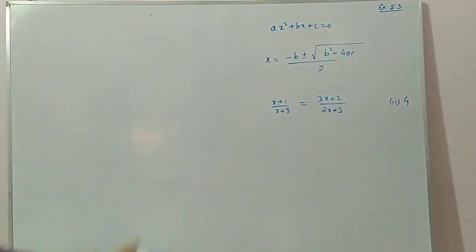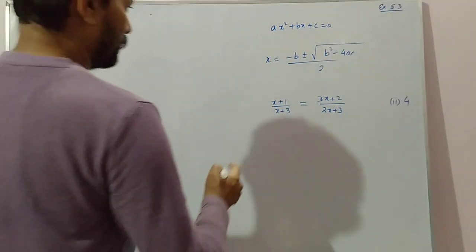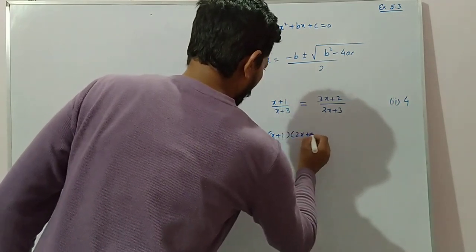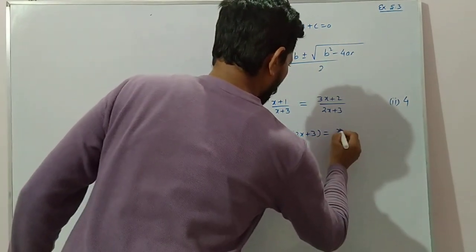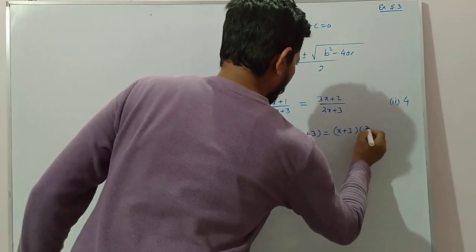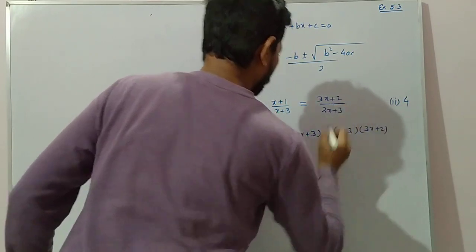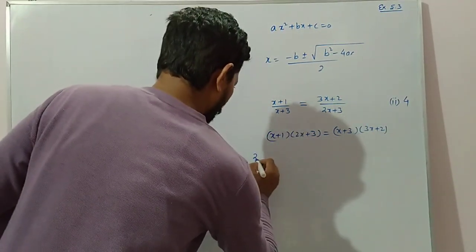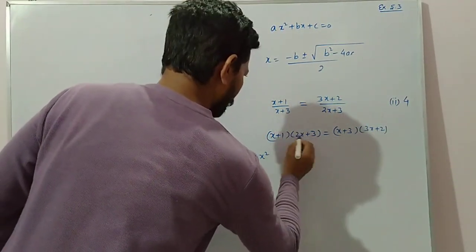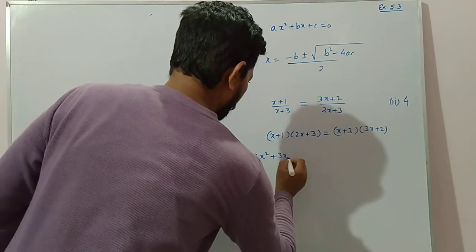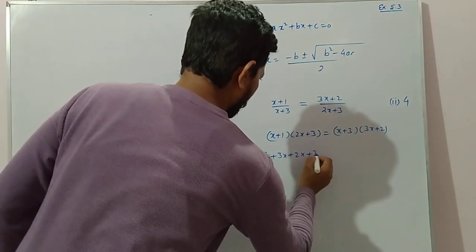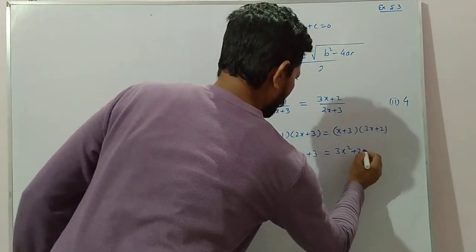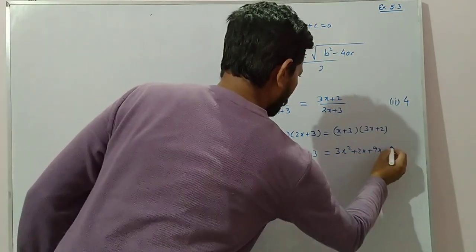First of all, we have to bring this equation in quadratic form. So (x plus 1) into (2x plus 3) equal to (x plus 3) into (3x plus 2). When we multiply this, we will get 2x square plus 3x plus 2x plus 3 equal to 3x square plus 2x plus 9x plus 6.